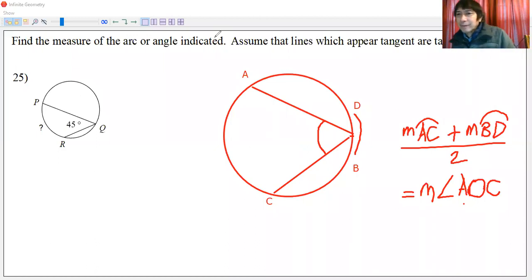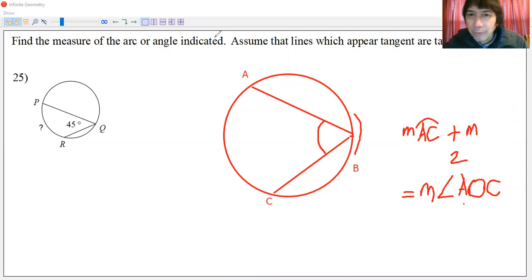And so the same formula, you will just make BD 0. So this arc BD is now 0. And if this is 0, then you have the arc AC divided by 2.